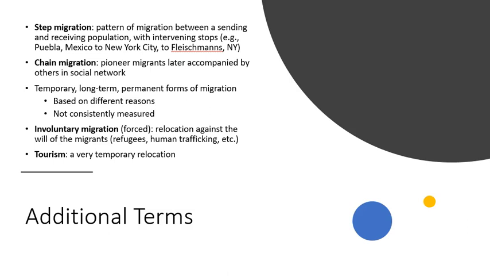If somebody's banished, they're forced to leave, and people taken as slaves historically in the United States, for instance, were involuntary in-migrants to the United States. And then tourism is starting to be conceptualized as a form of migration that's very, very temporary. People might just visit a place for a week, in which case you become a resident, so to speak, for one week. That's probably up for debate, but it's certainly one end of the spectrum in terms of time.